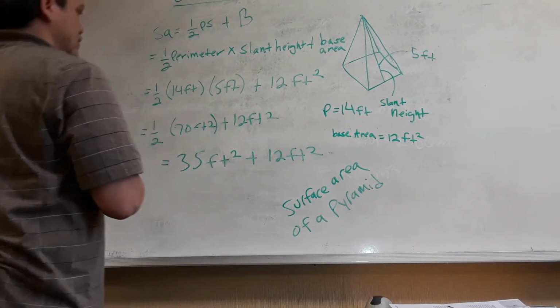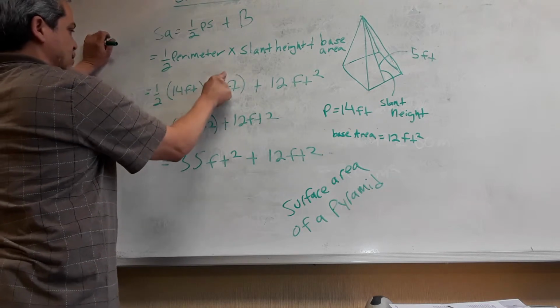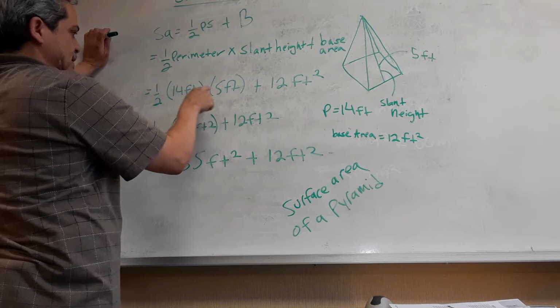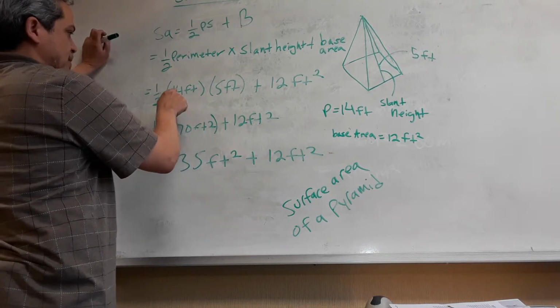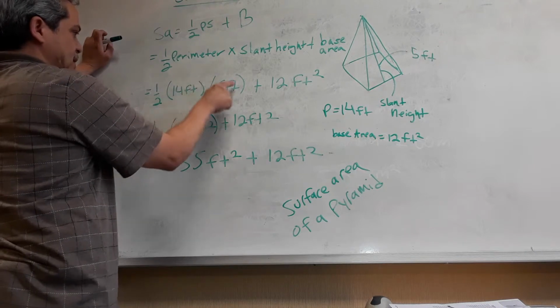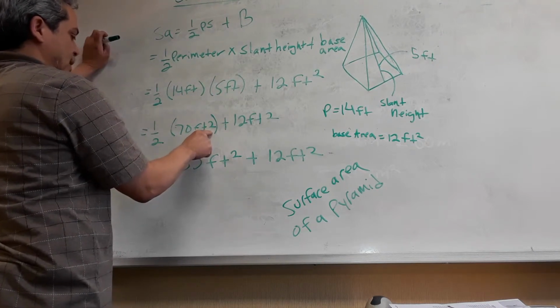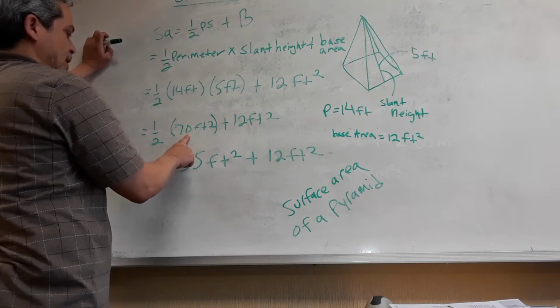So now what we have to do first is multiply. 14 feet times 5 feet is 70 feet squared, because remember, 14 times 5 and then the feet also get multiplied. They become feet squared.